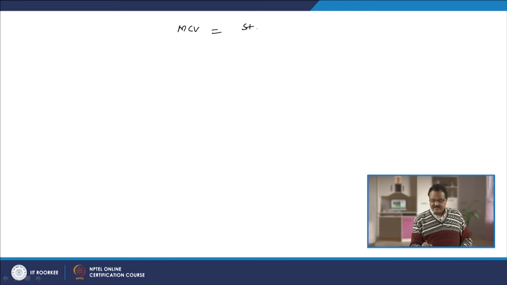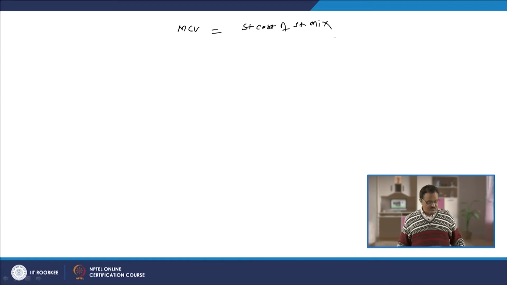So we will have to calculate the standard cost of standard mix, and then the actual cost. The simple formula for cost variance is the standard cost of material minus actual cost of material.